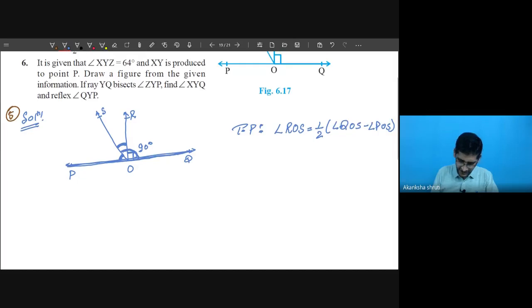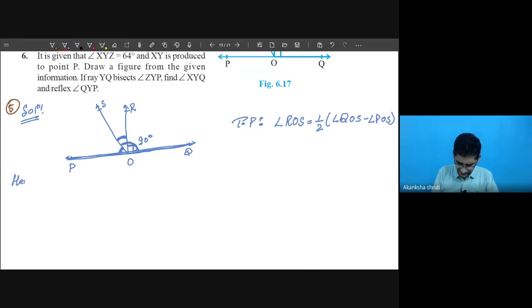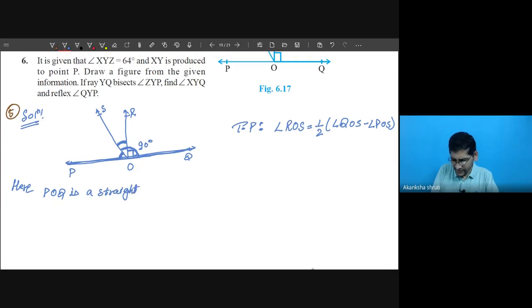So right here, POQ is a straight line, or you may write this as the straight angle also. That means the same thing, whether you write a straight line or a straight angle. Okay, student, what does it mean? It simply means we can write angle POS, whatever we need to calculate.